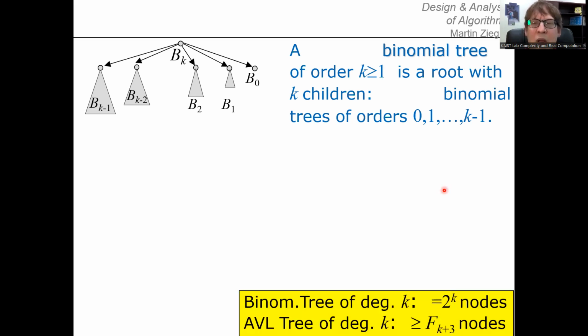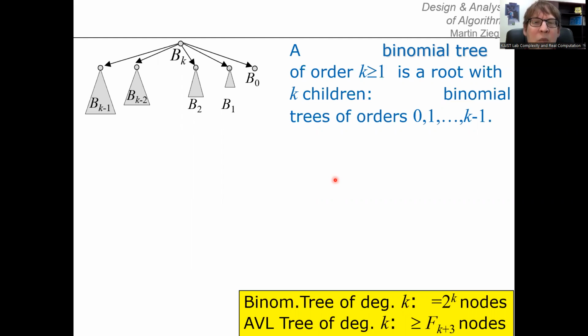A binomial tree, let me call it a strict binomial tree of order k, is a root together with k children, where the k children are by induction binomial trees of orders 0, 1, and so on up to k minus 1. So these are the binomial trees, and now we want to relax that condition.